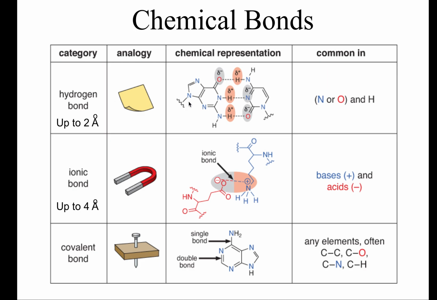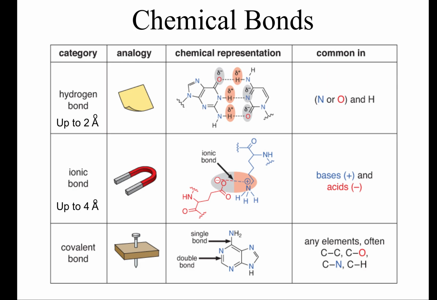So hydrogen bonds are weak interactions. They're typically between oxygen atoms or nitrogen atoms and hydrogen. And they cover a distance of 2 angstroms. An angstrom is a very small unit of length.